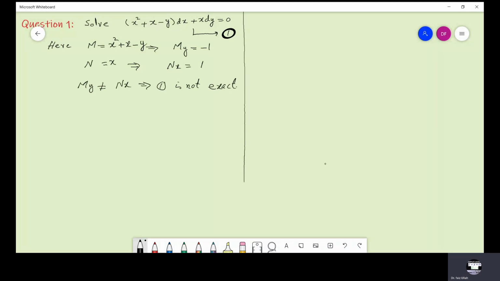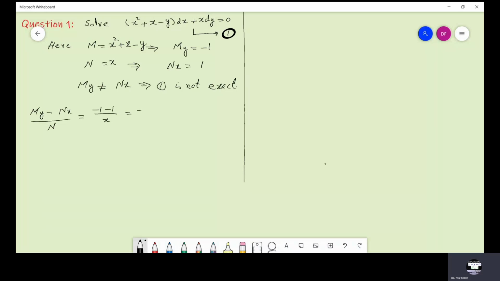Let us use rule number 1. Rule number 1 is (M_y minus N_x) divided by N must be equal to a function of x only. So let us put values. M_y is minus 1 and N_x is 1, divided by N, which is x.